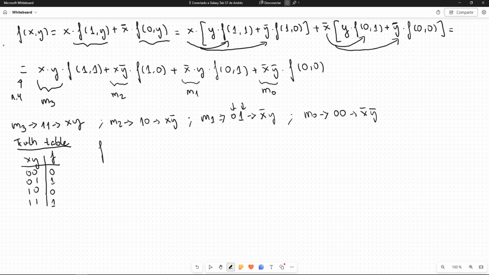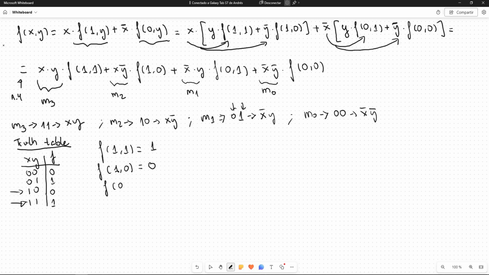What is the value of the function for the combination 1, 1? We are here. It's 1. What's the value of the function for the combination 1, 0? We are here. It's 0.